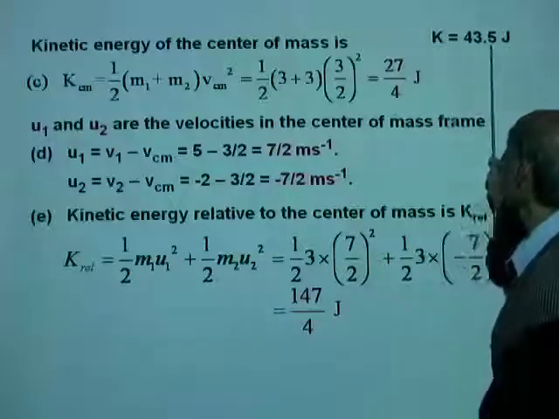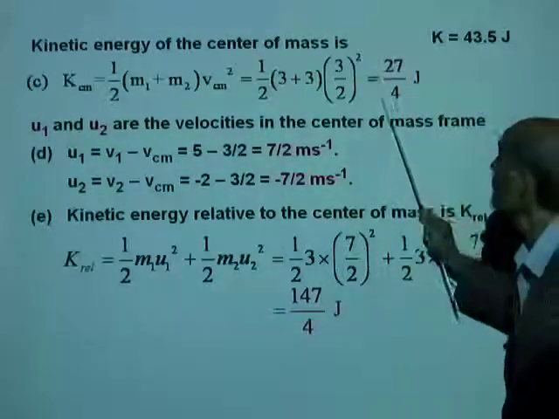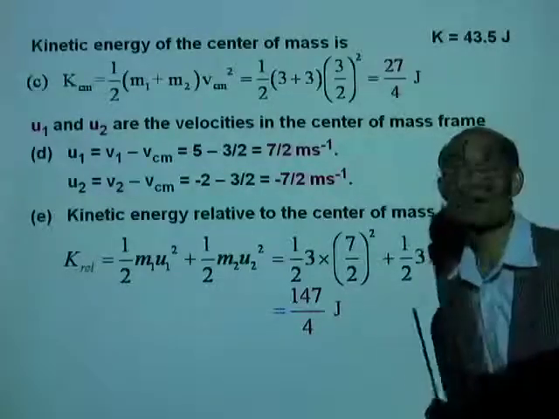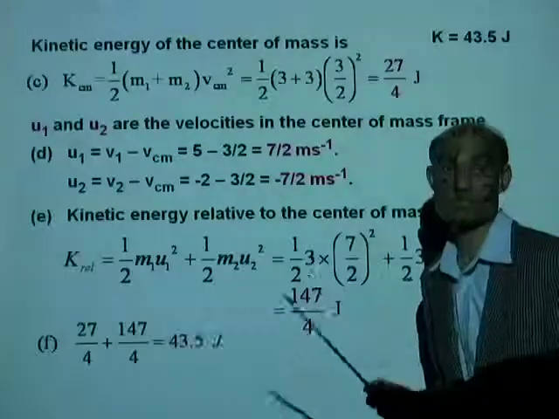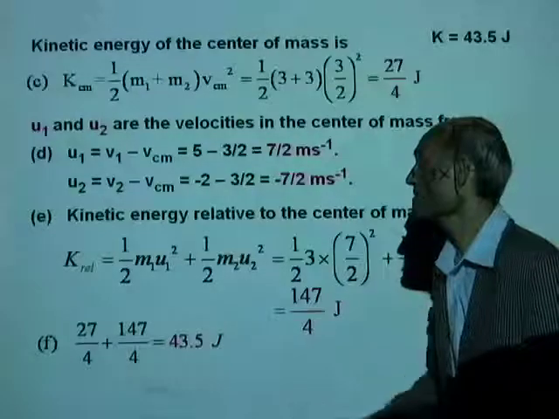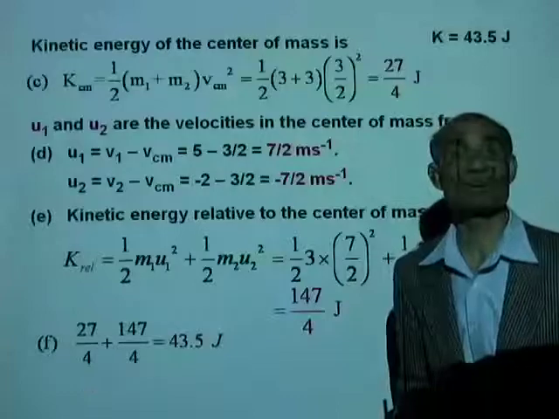Now that value is 43.5. So we need to show that 27 over 4 plus 147 over 4 equals 43.5. Is it true? Yes. 27 over 4 plus 147 over 4 is 43.5.